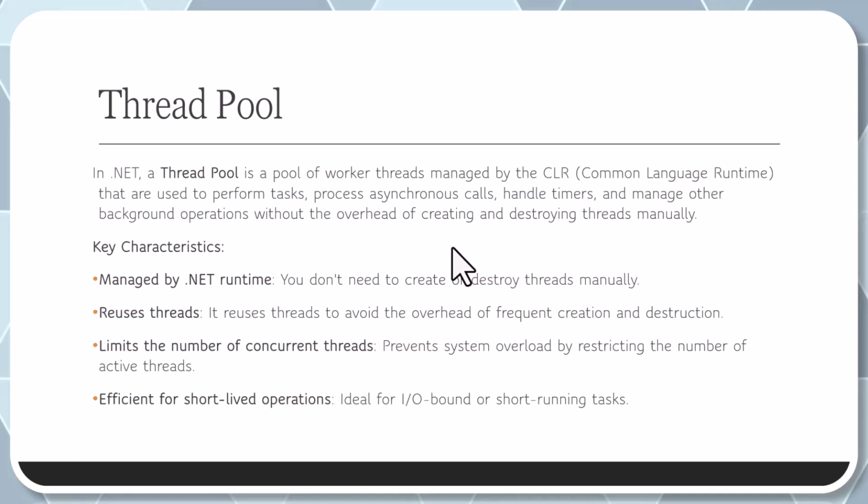So the first task is assigned, the first thread will be used. The second task will be assigned, the second thread will be used from the thread pool. And the third task, the third thread will be used. In the meantime, we queue one more item, a fourth item, in the thread pool. For our simplification, suppose the maximum threads the thread pool can have is three.